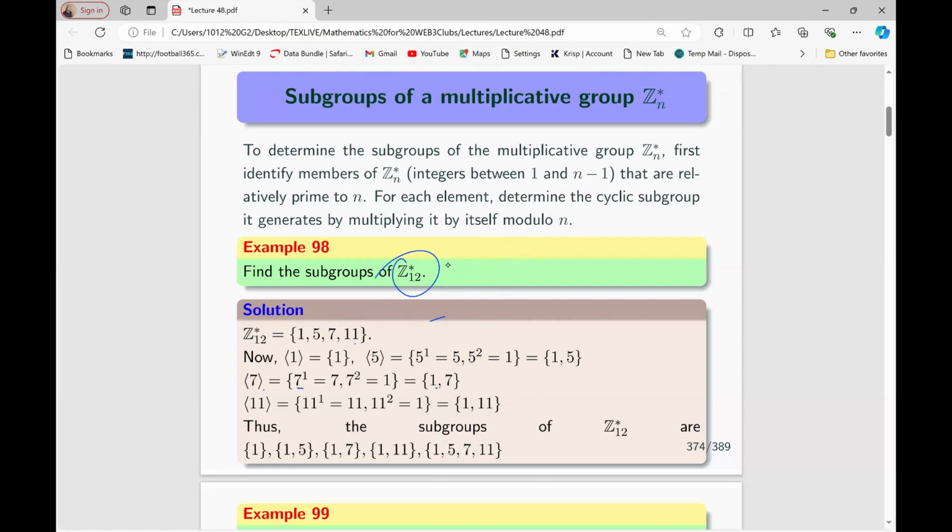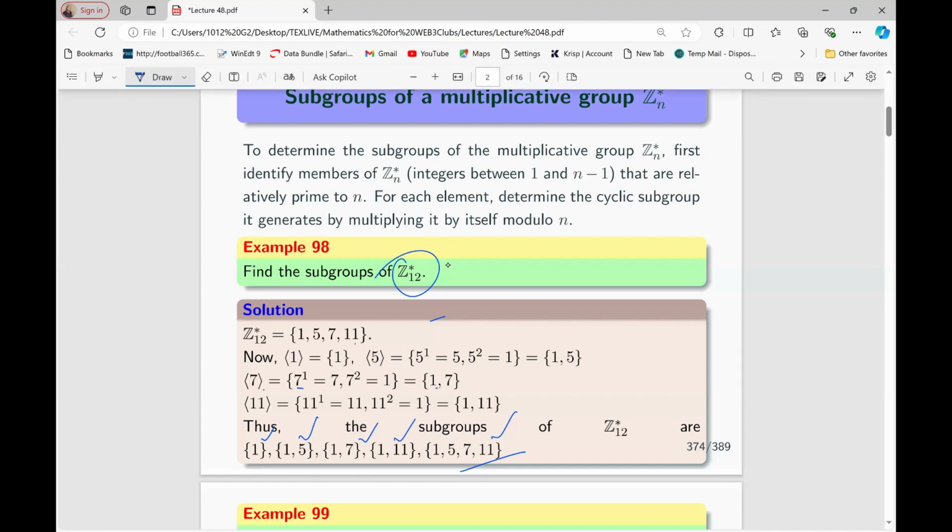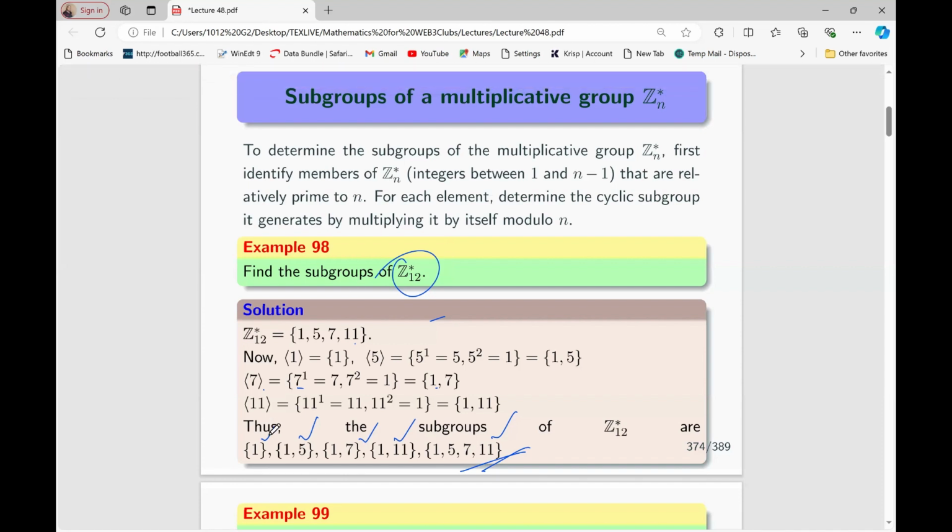That means we have this subgroup, this other subgroup, this subgroup, then this subgroup. This last subgroup is the group itself. Those are the subgroups we have. How many are those? 1, 2, 3, 4, 5.